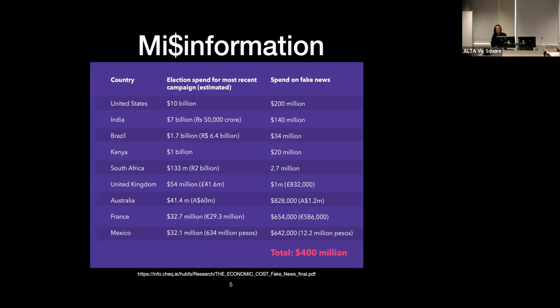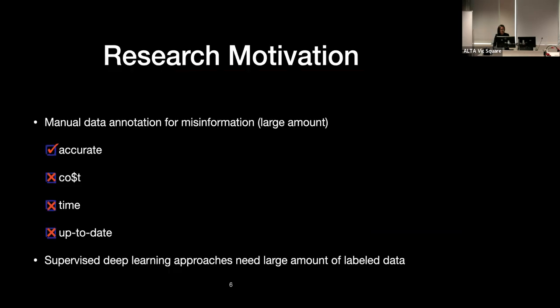Globally, countries every year are spending a lot of money on combating misinformation. That's another reason that motivates us to do this research. The most accurate annotations for misinformation come from humans manually annotating the data.